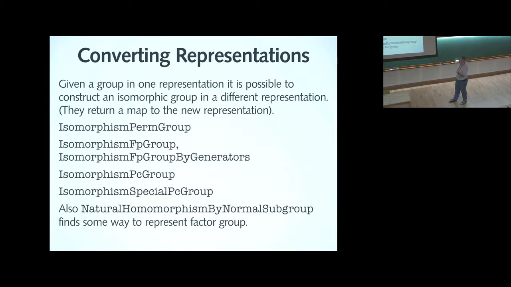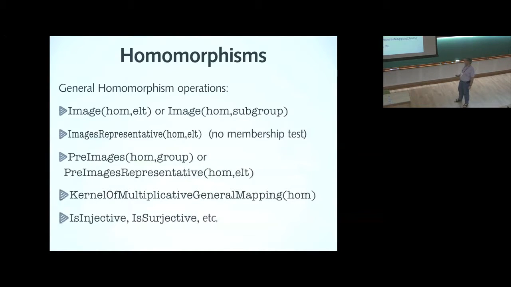Since I started talking about homomorphisms, let me briefly summarize what one can do with homomorphisms. If you have an element, you can take the image of that element under the homomorphism. You can take the image of a subgroup under the homomorphism. There also is a function ImagesRepresentative, which sometimes is faster because it doesn't test whether this element actually is in the domain of the homomorphism.